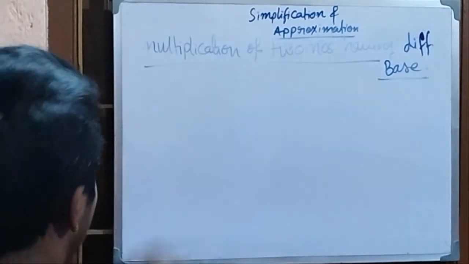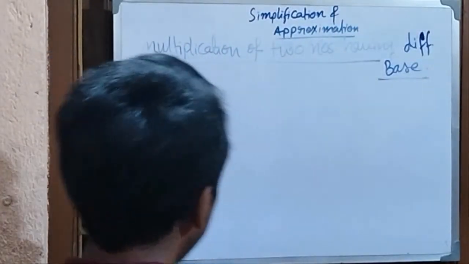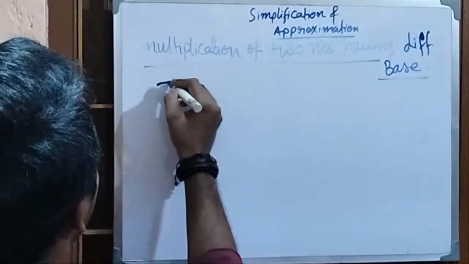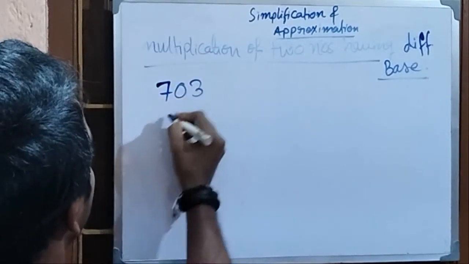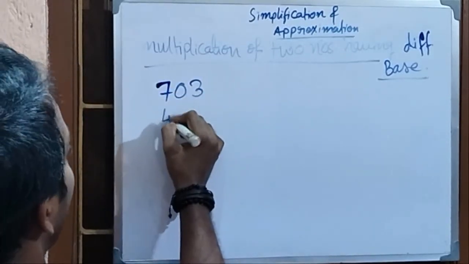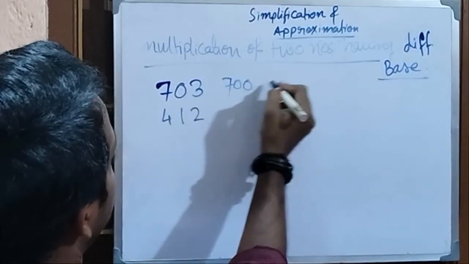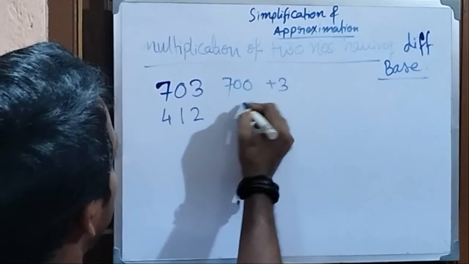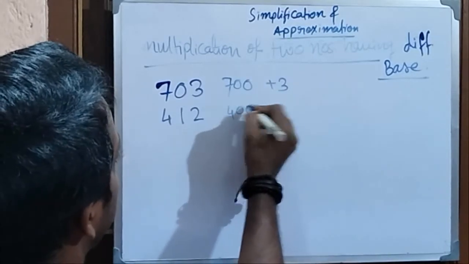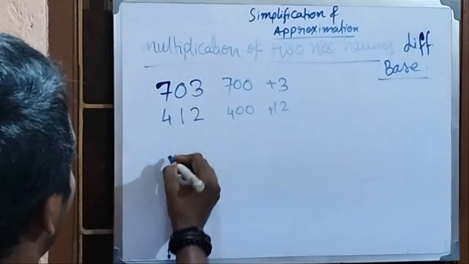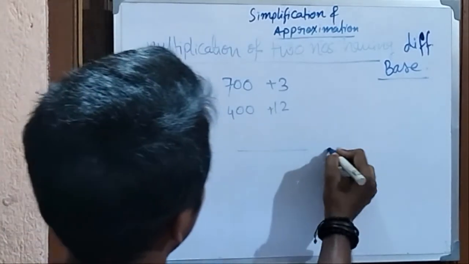Taking the next example, 703 multiplied by 412. Here 700 is the base, 3 extra, 400 is the base, 12 extra. Okay, now the 3 part comes in.